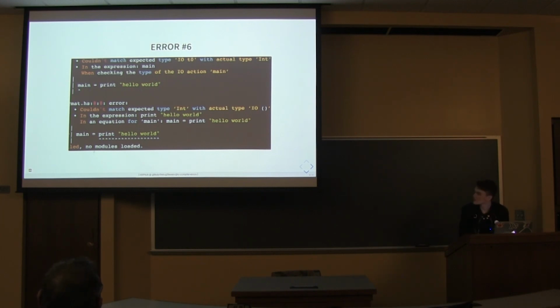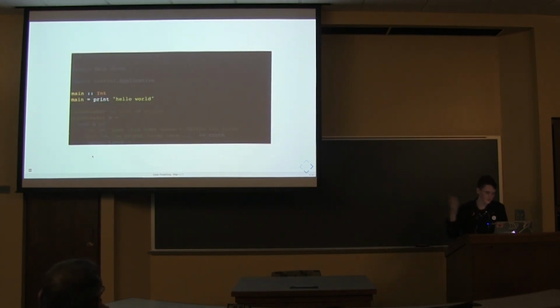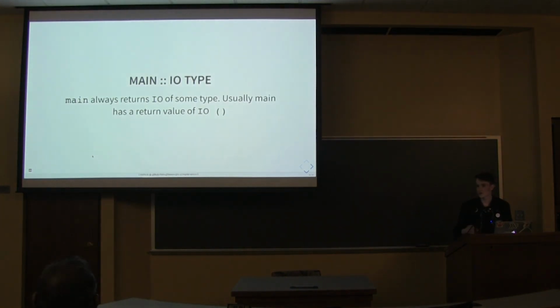Let's go look at those lines in the file. That's where we're getting those two errors. We did in fact say that we would return an Int here, and we're not. I specifically created that type error so that it would tell us what type it was expecting instead, so that we could touch on the fact that if you have a function main, you actually have to return IO of some type.